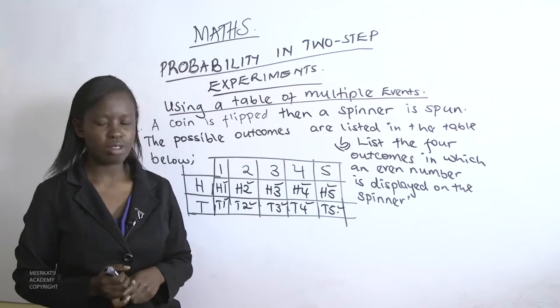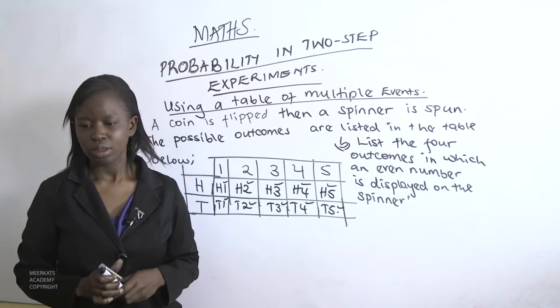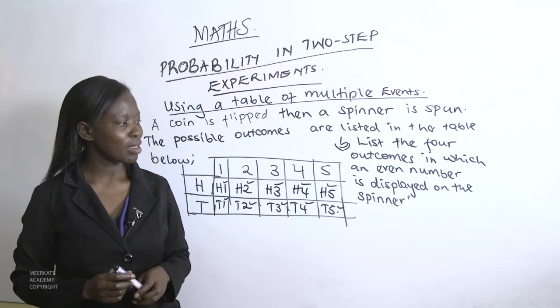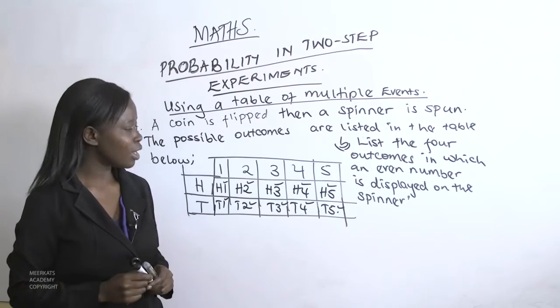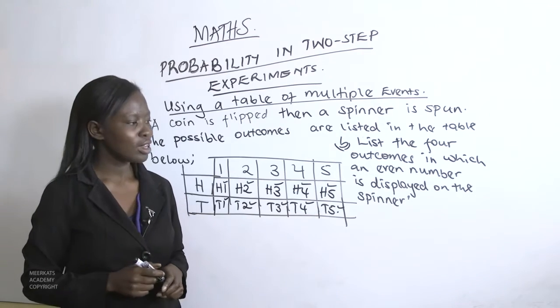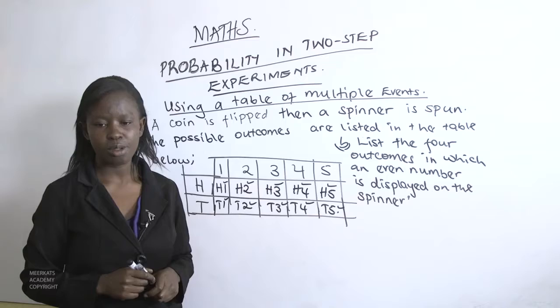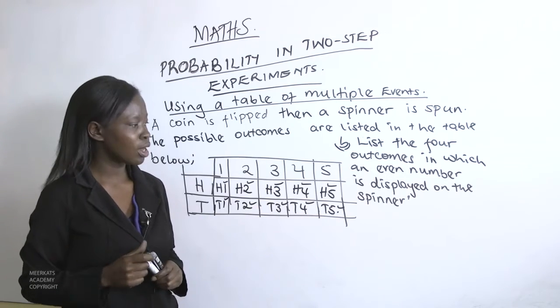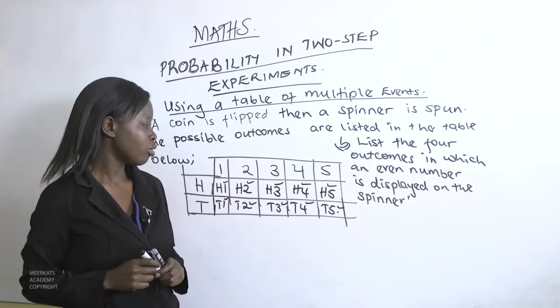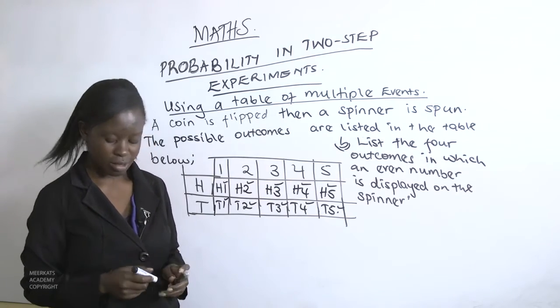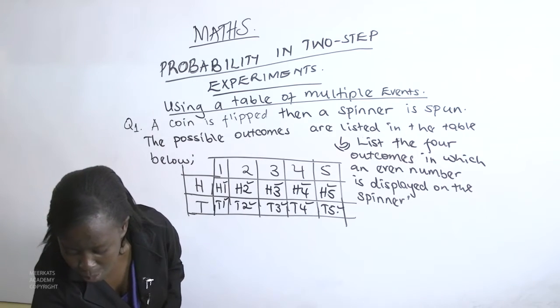So the outcomes which have even numbers displayed. Even numbers are numbers that are divisible by 2 fully, the numbers that 2 will divide fully.